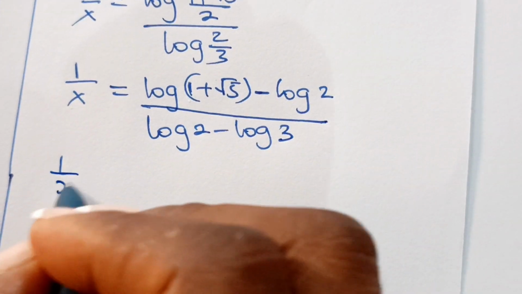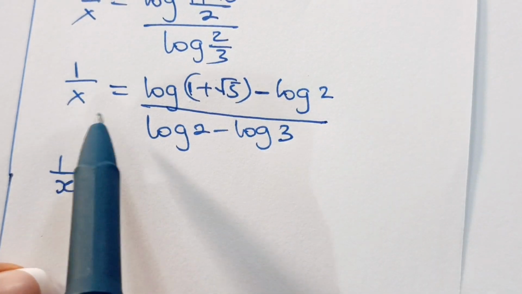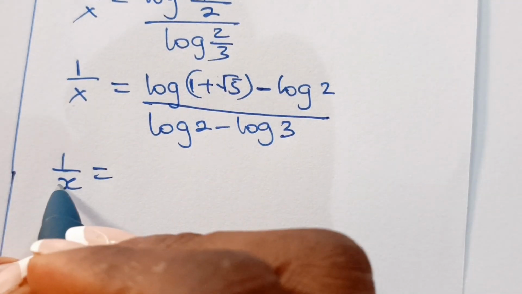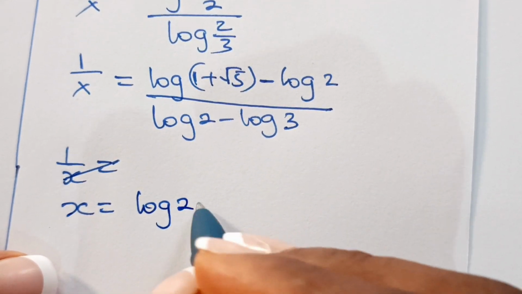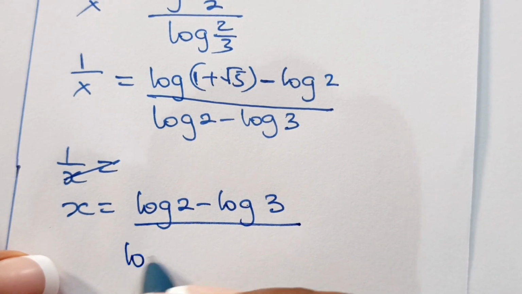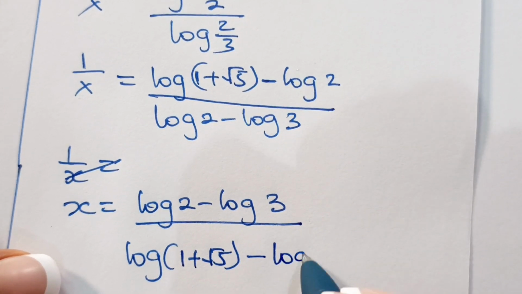So we have 1 over x is equal to, sorry, since you are looking for x, you are not going to take the reciprocal of this side. So it simply means that our x is equal to log 2 minus log 3 divided by log of (1 plus root 5) minus log 2.